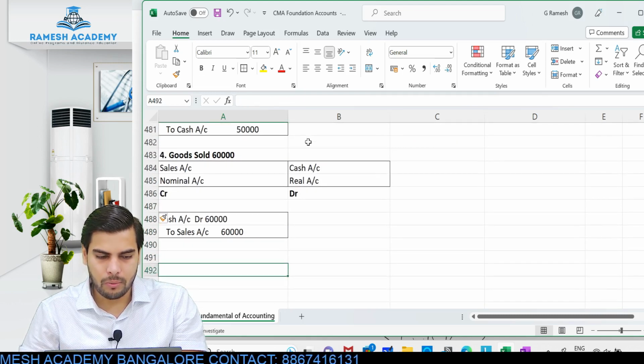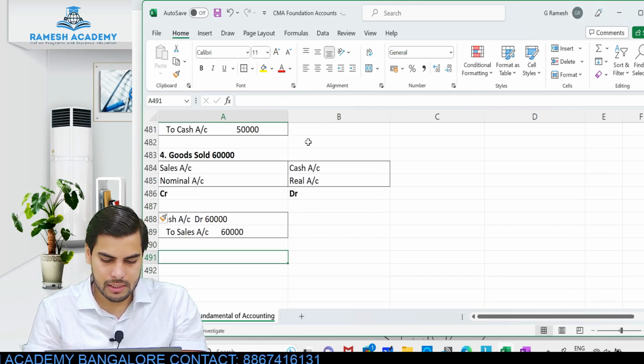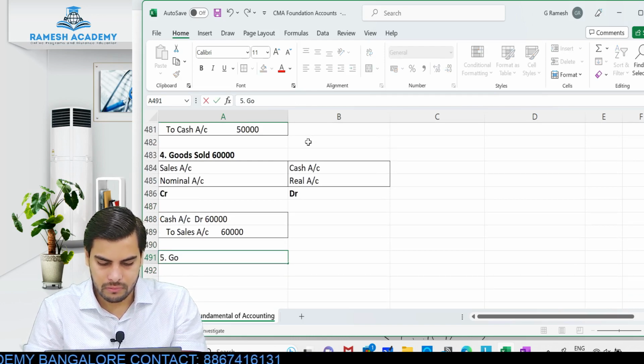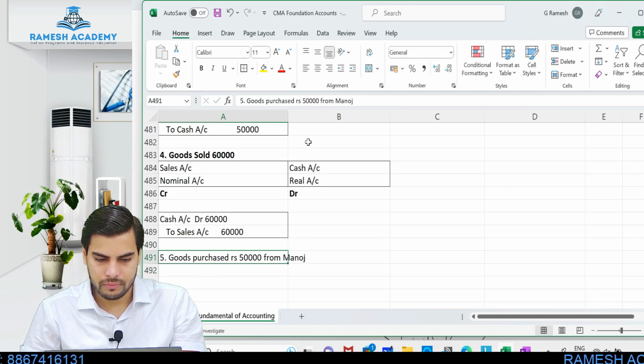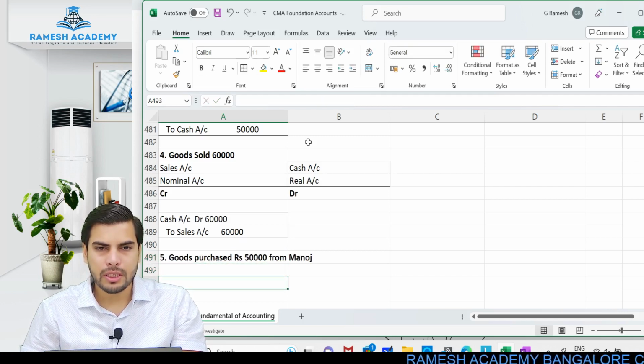So let's talk about the credit purchases and credit sales. Goods purchased rupees 50,000 from Manoj. So I am purchasing goods worth rupees 50,000 from Manoj.